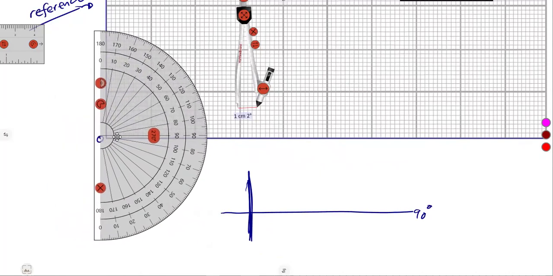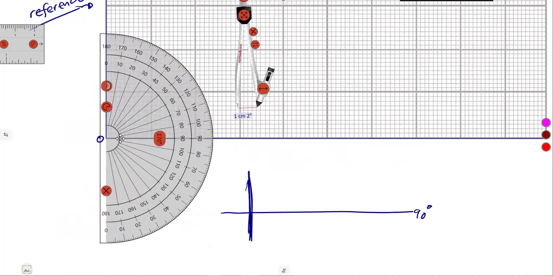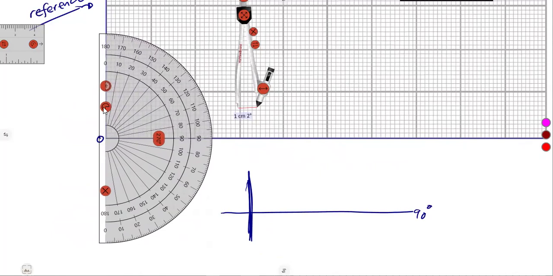So you place this one on the origin like this. Make sure 180 degrees and 0 are covering the vertical line. Then the 90 degrees, 270, is on the horizontal line. Then you can measure your angle.